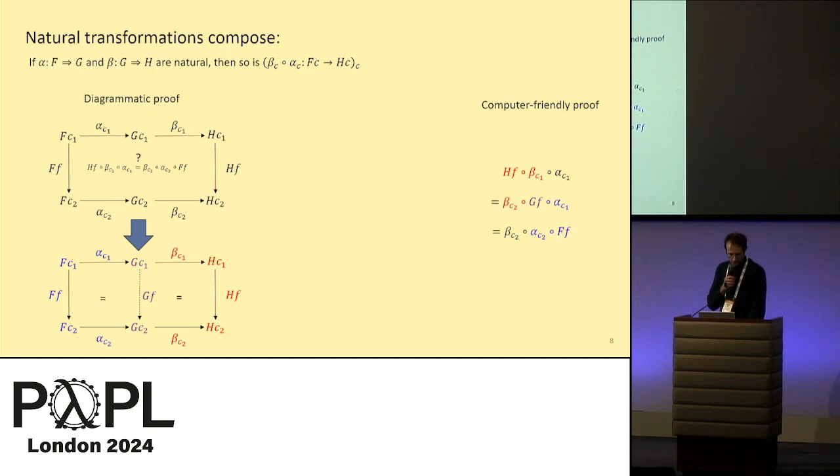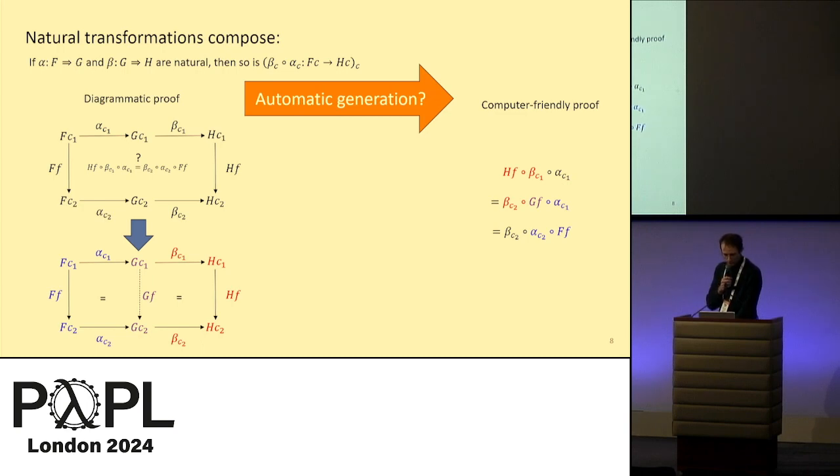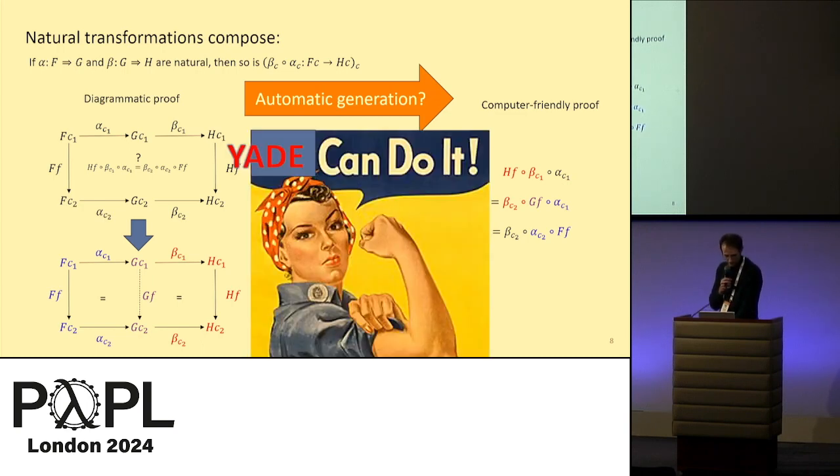Here we use the fact that the right diagram commutes first to rewrite H of f composed with beta C1 into beta C2 composed with G of f, and then we use the other commutation to do the other step. Of course this should be automatable, and this is what YAD can do. I'll show you later.